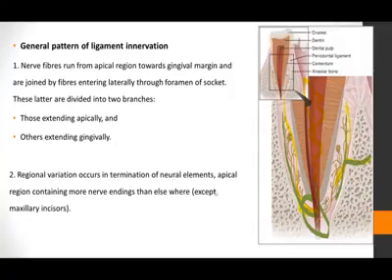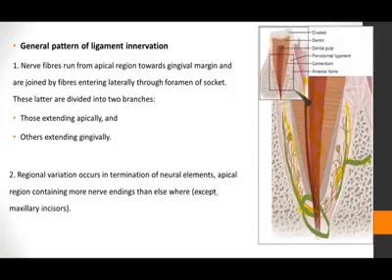The nerves that are coming from the socket into the periodontal ligament could extend gingivally or they could extend apically. Then during the course that these nerves follow, they could terminate in various regions along the periodontal ligament.